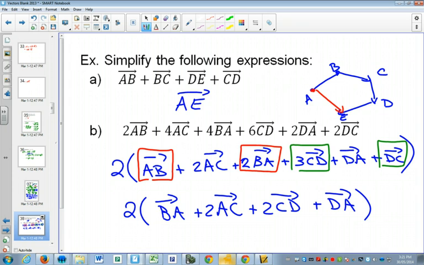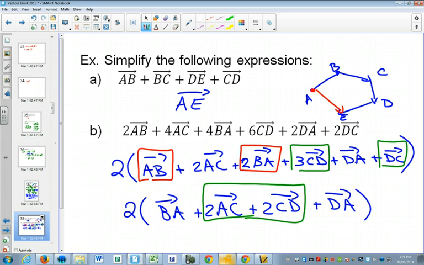Anything else you can see? Anything else you could put together? You can put the AC and the CD together.